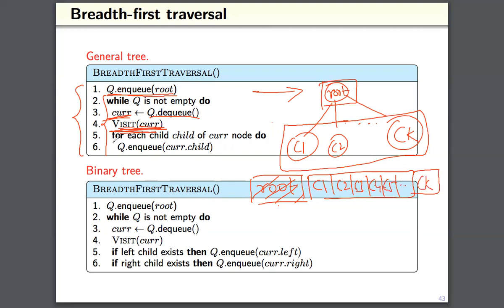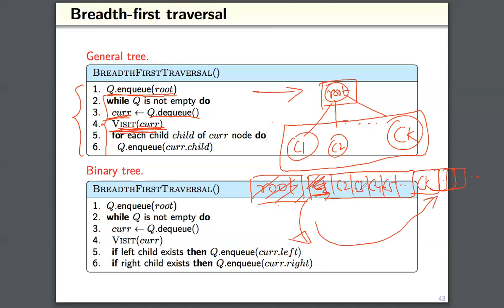Then what do you do after this? Again, keep doing this. Dequeue, C1 will be out. You visit C1. That C1 is deleted. You visit C1 and add all the children of C1 to the queue. That means they will go to the end of the queue.